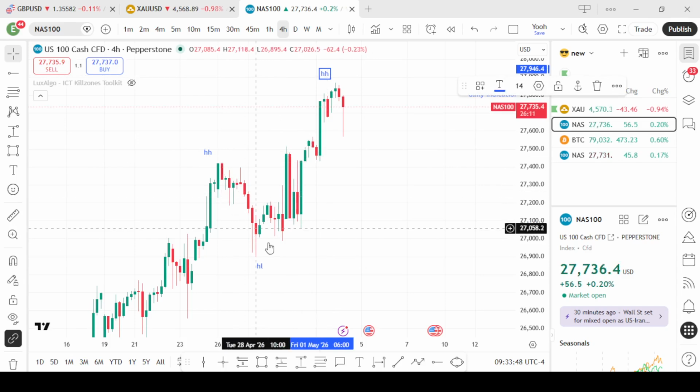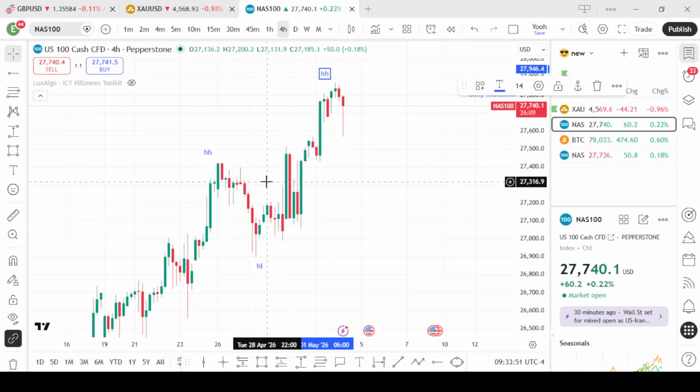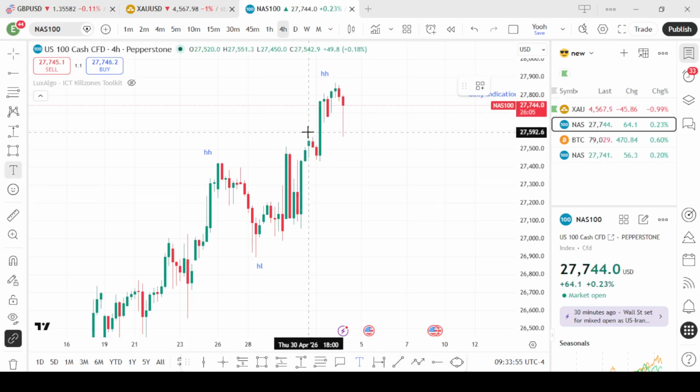Although this looks like a consolidation, I'm just going to mark it out as well. The market will tell us if we are right or wrong.